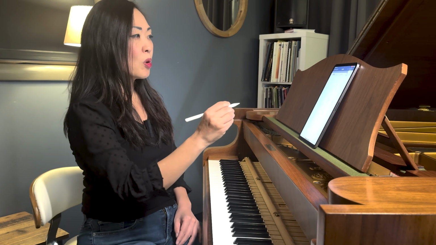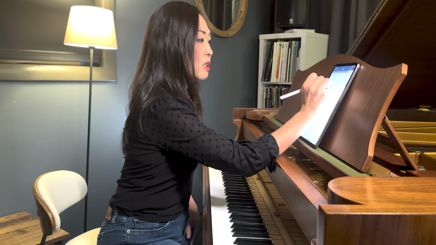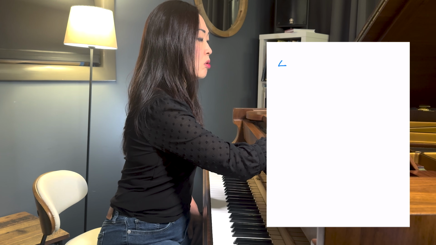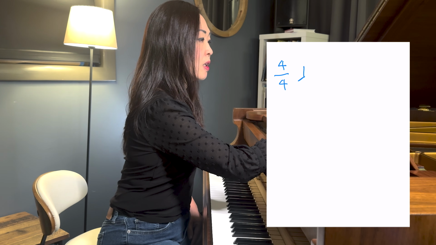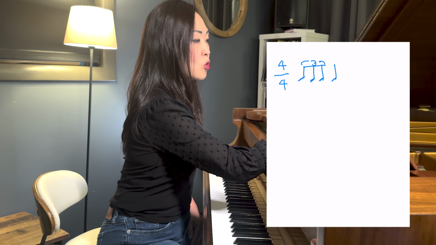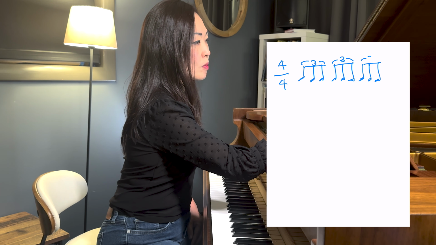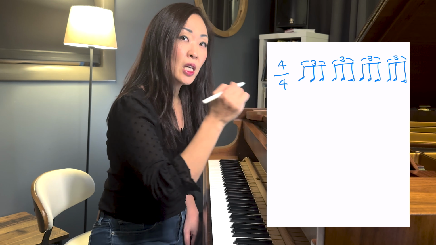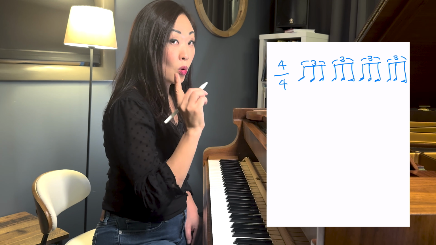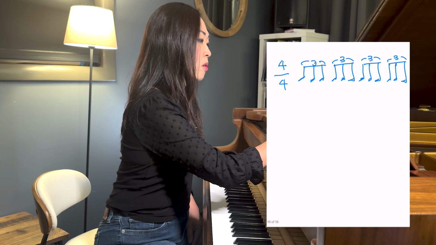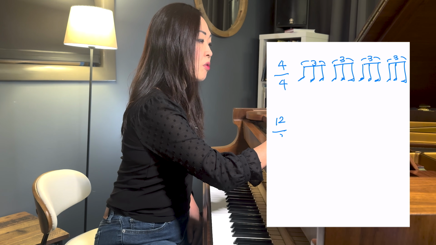In that case, a composer can decide either to do 4/4 and use triplets. So it will be 1 and a 2 and a 3 and a 4 and a. Or a composer can decide to do 12/8.